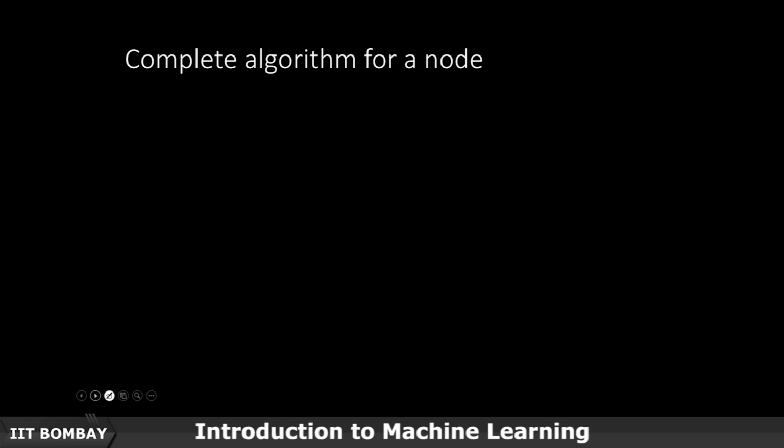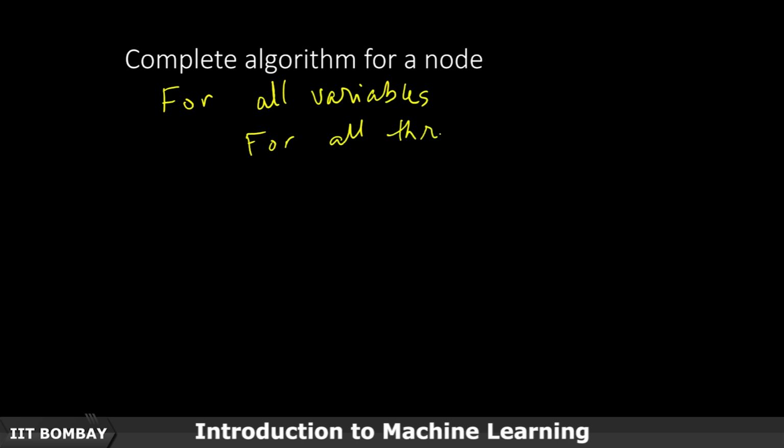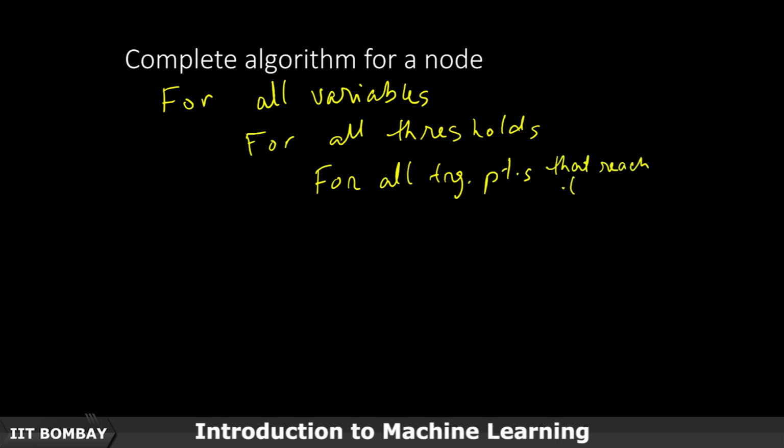Okay. So now the complete algorithm for the node would be that for all variables, for all thresholds, for all training points that reach this node, we compute the correctness of decision.